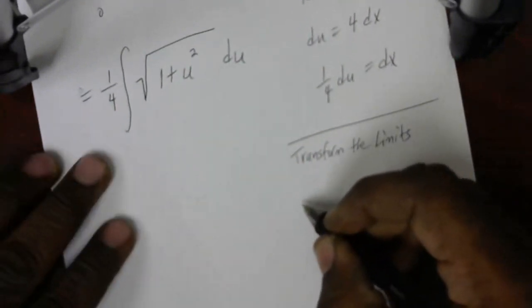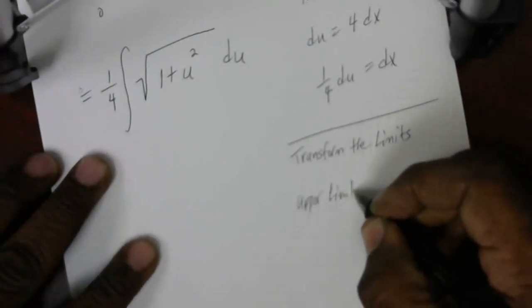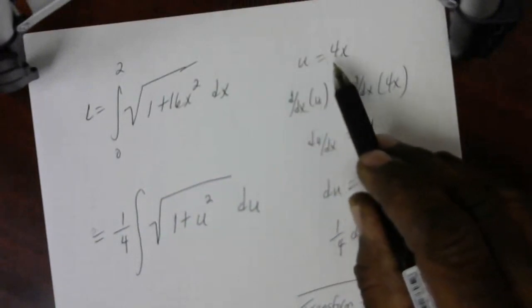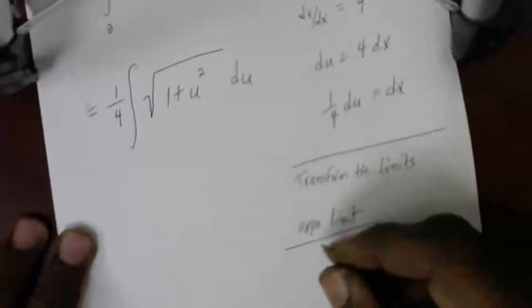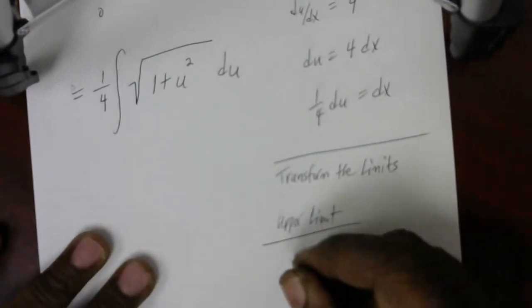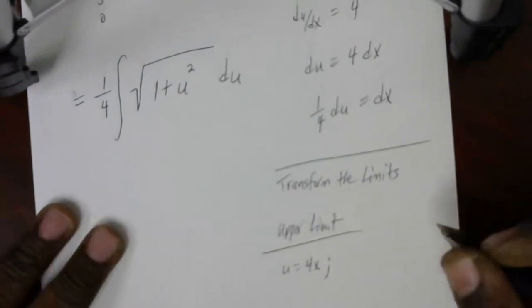So first I'm going to start with my upper limit. I'm going to go back to my substitution equation, u equal to 4x. So we base our transform on our substitution equation. U is equal to 4x.